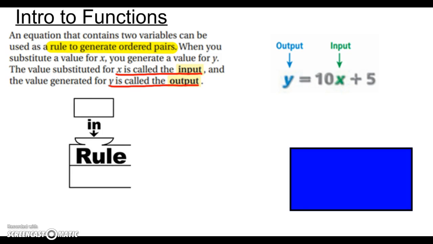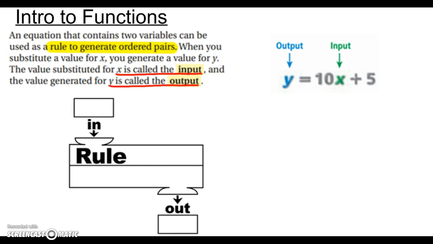So visually, here's what's happening. If you have a function, you have some sort of input, you have a rule. Our input is x. Our rule in this case would be 10x plus 5. And our output is going to be whatever y is. Let's just do a real quick example.